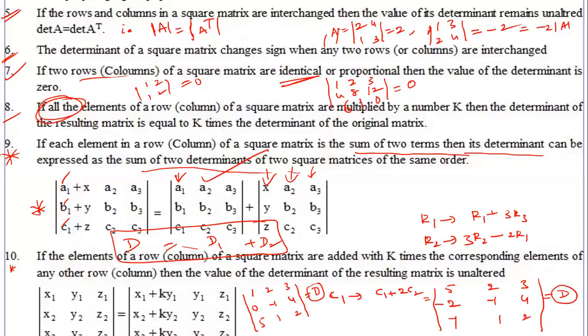I think, comparing with the remaining chapters, this chapter is very, very easy, I can say. What do you say? Shall I proceed now? The 10th one is what? Operations on rows and columns. Okay, thank you.